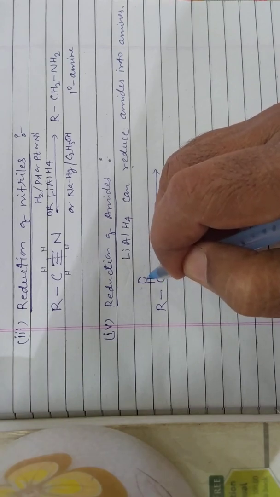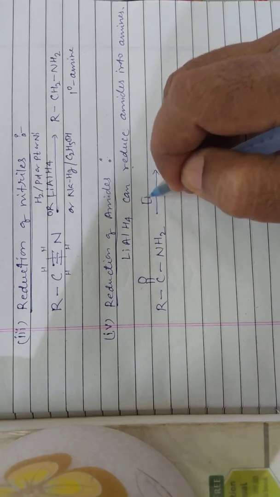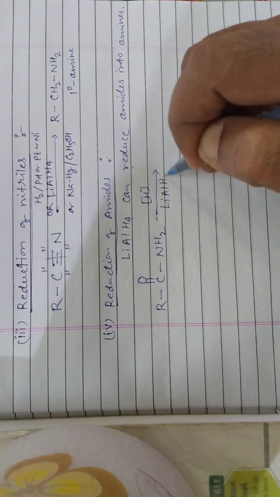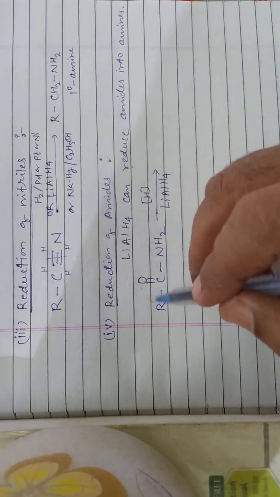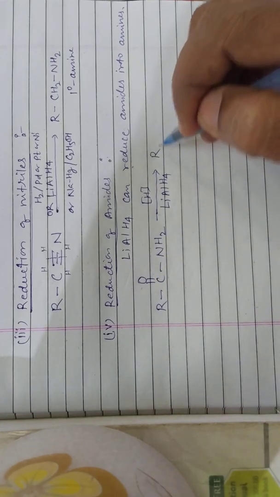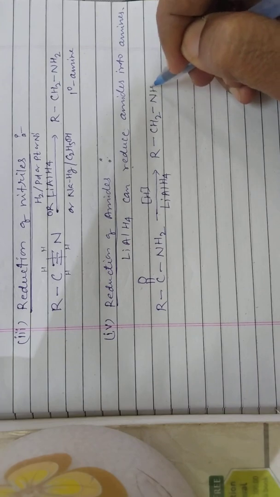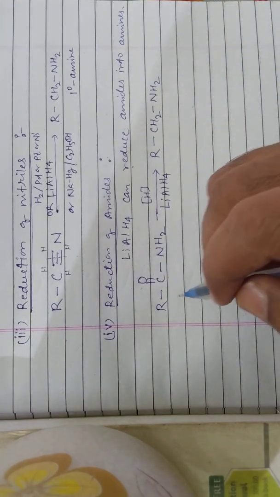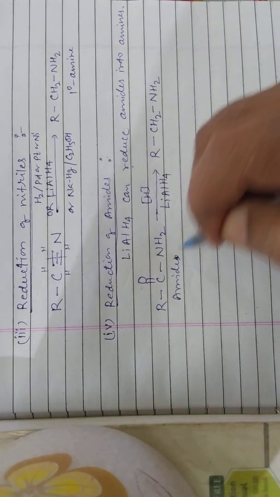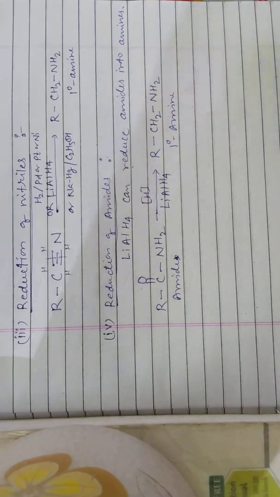When we use lithium aluminum hydride, it will reduce this CO group to CH2, RCH2NH2. So simply we can convert amides into amine. This is 1 degree amine. Okay.